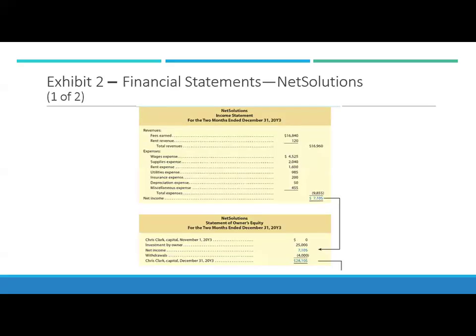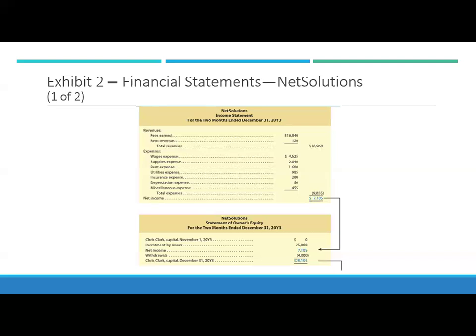If we take a look at the adjusted trial balance, all of the balances on the income statement come directly from the adjusted trial balance. And then we get our net income from our income statement. Investment by owner is usually described somewhere; we can know the investment by the owner based on the journal entries that have happened throughout the period, or it will say the owner invested $10,000 in the business.